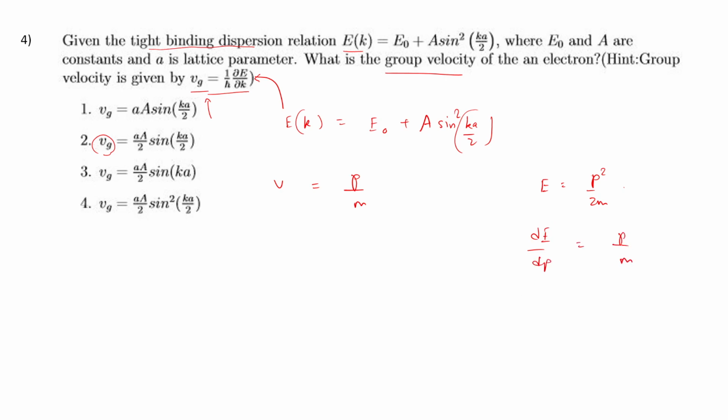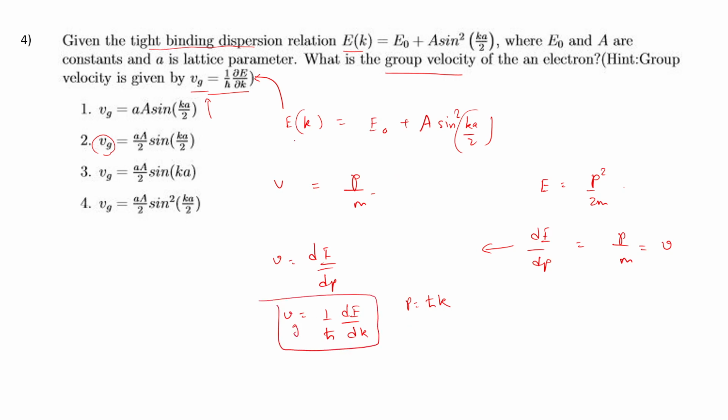And p over m is nothing but your velocity, so v is equal to dE over dp. If you put p equal to h bar k, and h bar is a constant, it is 1 by h bar dE over dk. This is your velocity, or the group velocity.